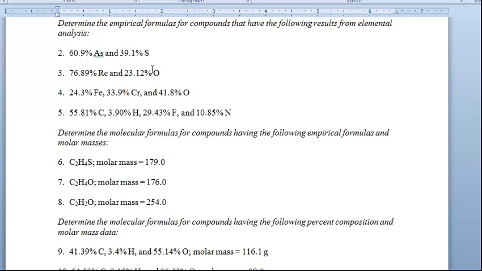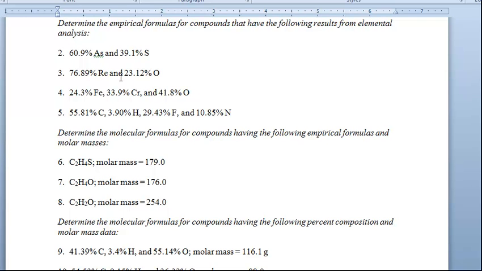Okay, so these are data. We were imagining that we sent a sample to a lab, and we asked them, hey, what's in this sample? And give us an elemental analysis. What we get in return is a report telling us first what elements are present in the substance that we submitted, and furthermore, what is the percentage in terms of mass of that sample from one element to the next.